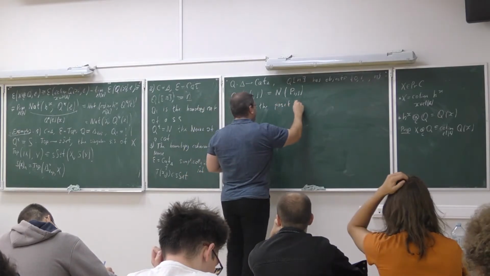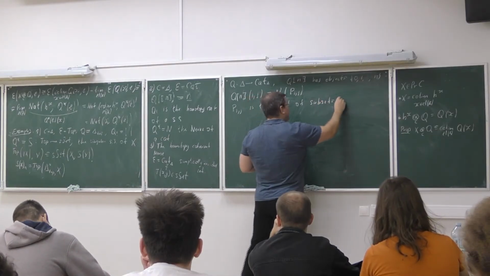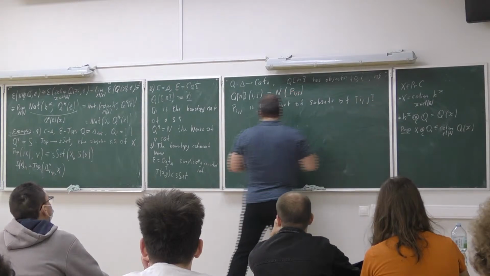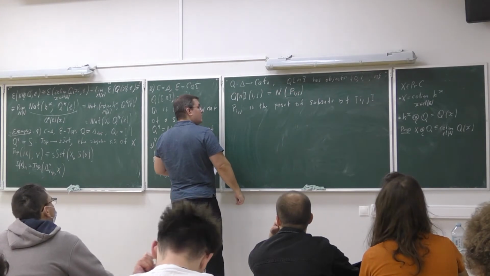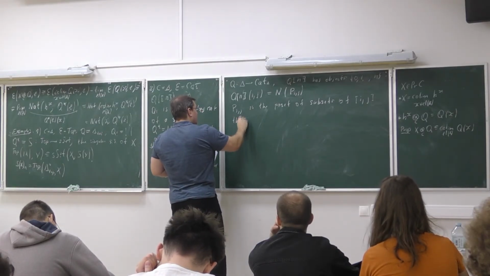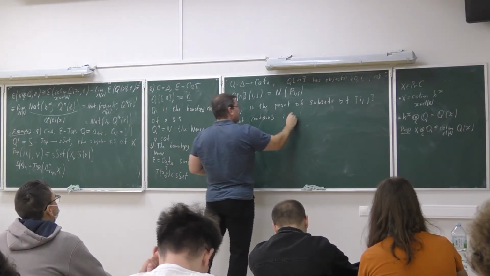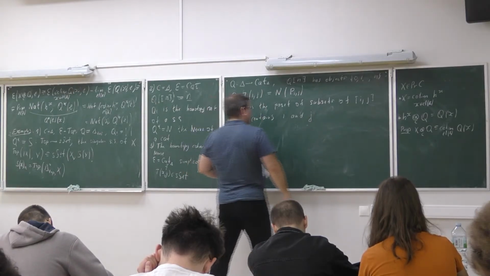So Pij is the poset of subsets of the interval I and j that contains I and j, right?